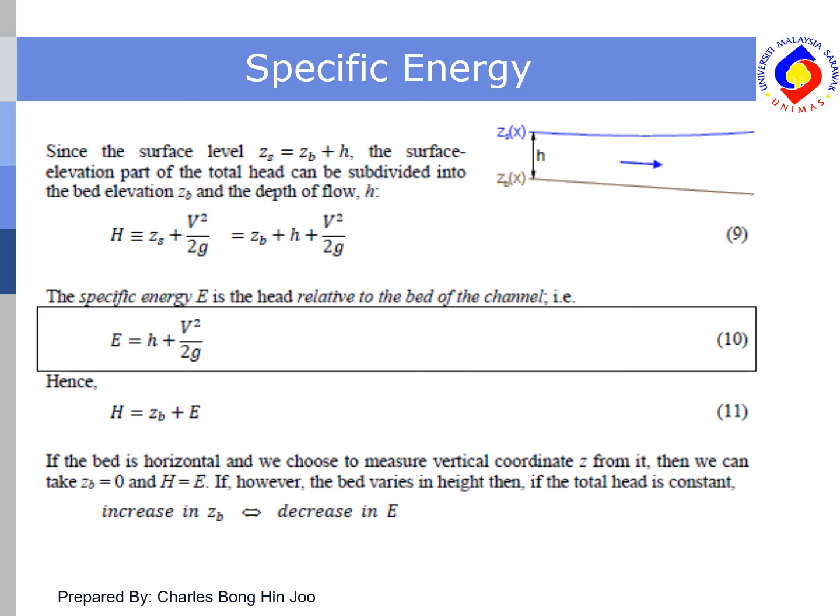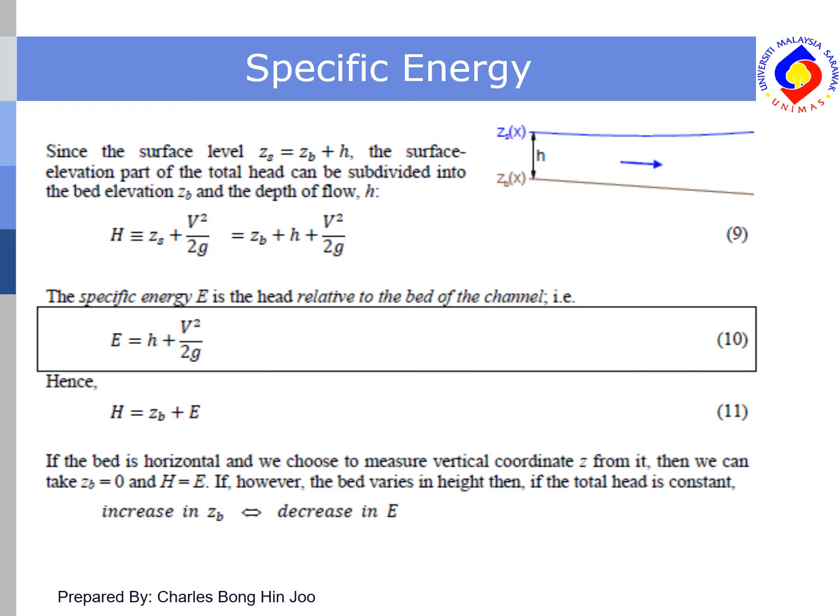Then, since the surface level Zs equal to Zb plus h, where Zb is the level at the bottom of the channel, the surface elevation part of the total head can be subdivided into bed elevation Zb and the depth of flow h.